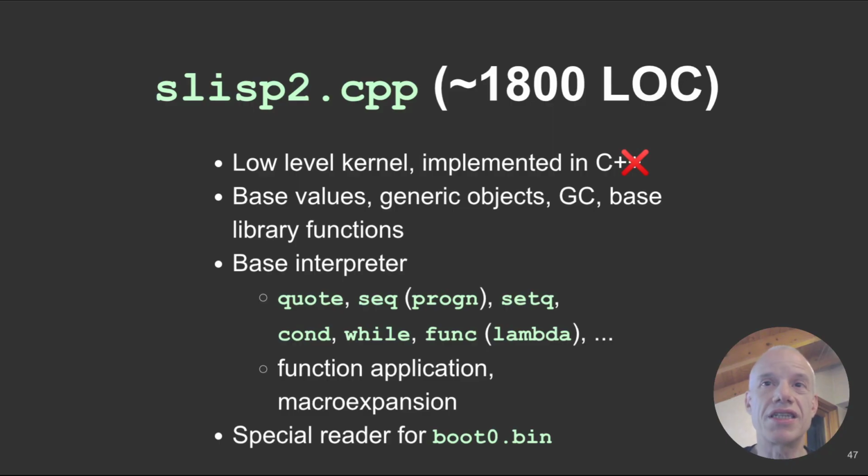This binary format is a simplified format, so the reader is a special reader that reads this binary format where all the data is already made as easy as possible for the reader to load. For example, for a list, you have just the number of elements and then all the elements following, or numbers are just stored directly and stuff like that. And so that's it. This is the kernel, basically.